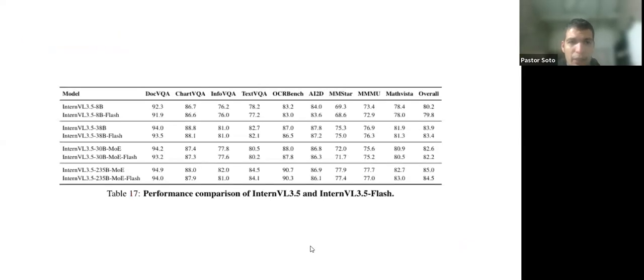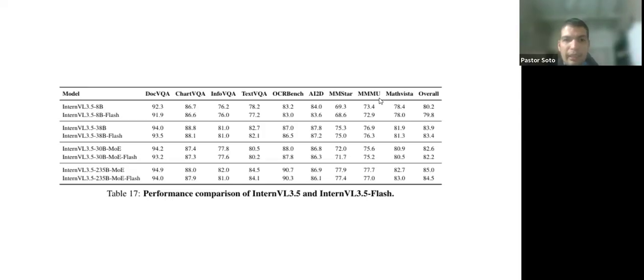So this is another comparison, and this is a comparison of running Flash with running the default model. Remember that Flash uses the visual resolution router that we mentioned, that goes between high resolution and low resolution with the image.